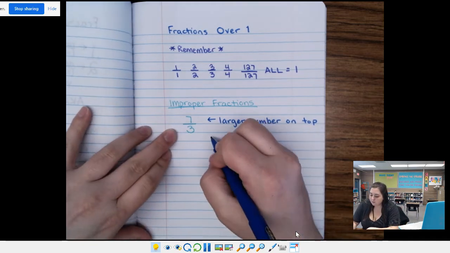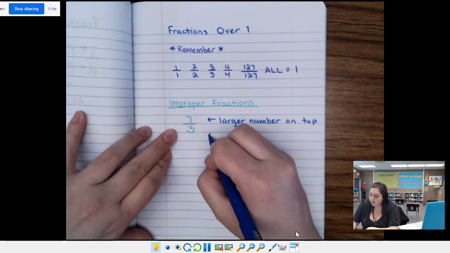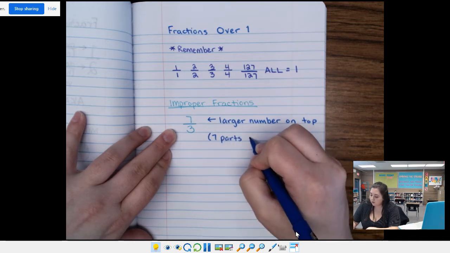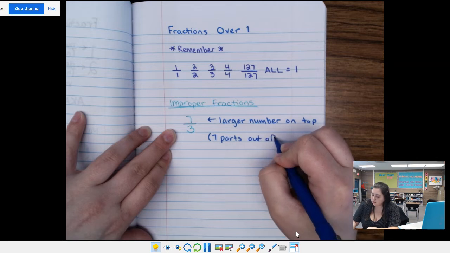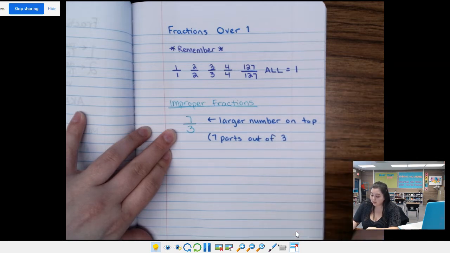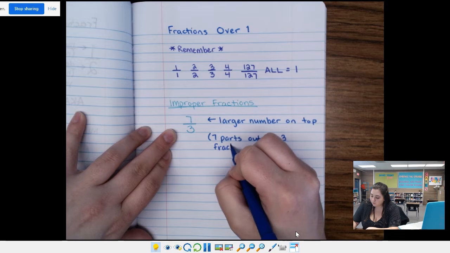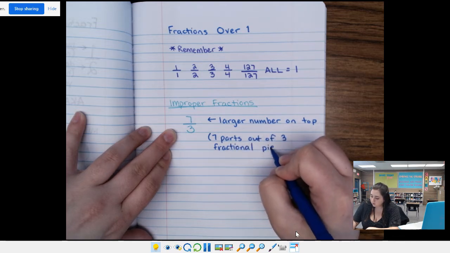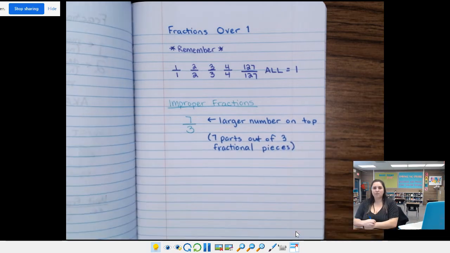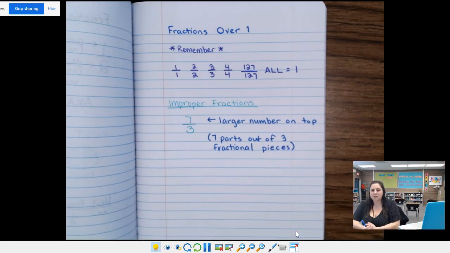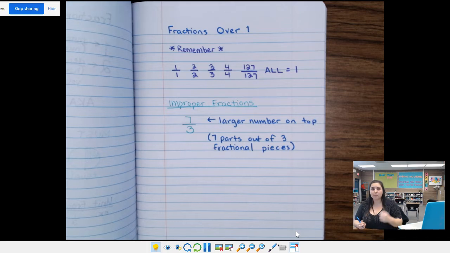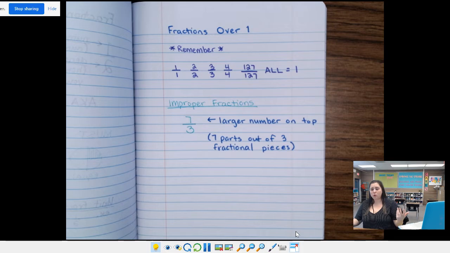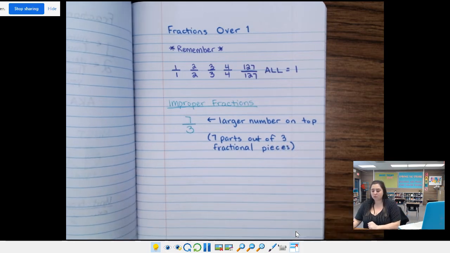Because it's saying that you have 7 parts out of 3 fractional pieces. I'll explain what that looks like. So 7 thirds is improper because it's the larger number on top. So it's saying we have 7 parts, but each of the wholes is cut up into 3 fractional pieces.